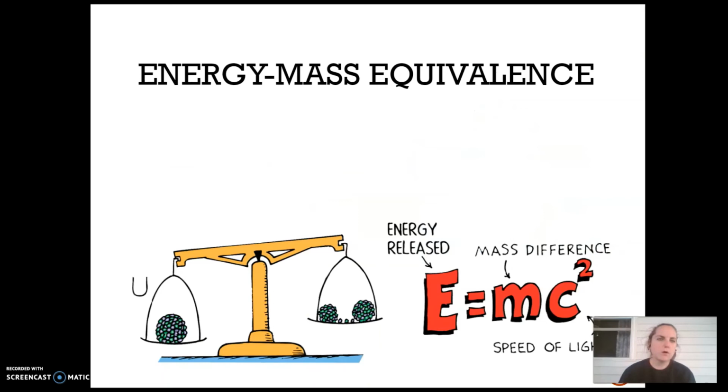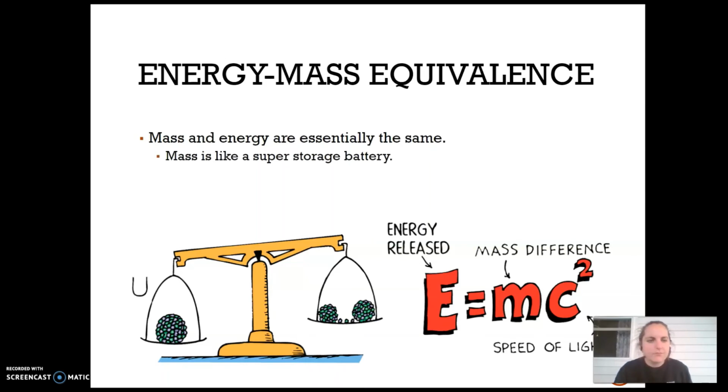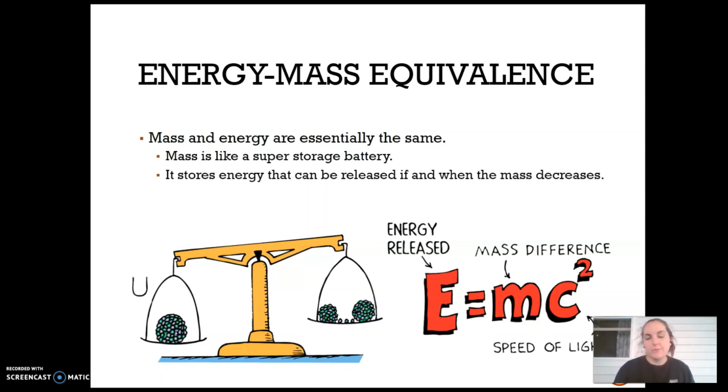To get the idea of why mass is important, think of E equals mc squared, right? One of the most famous physics equations. It relates mass and energy as essentially the same thing. Mass is like a super strong battery: if you have more mass, you have more strength to your battery, so more energy.